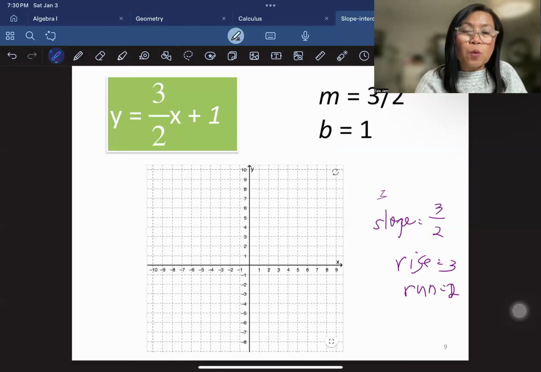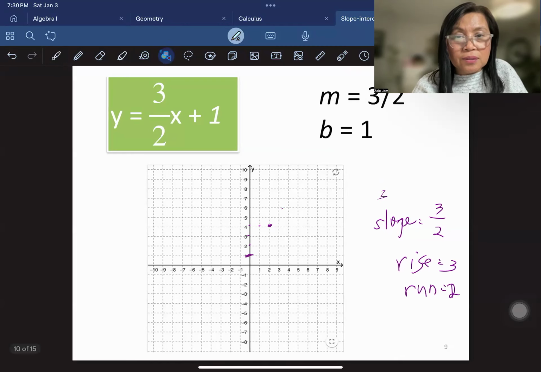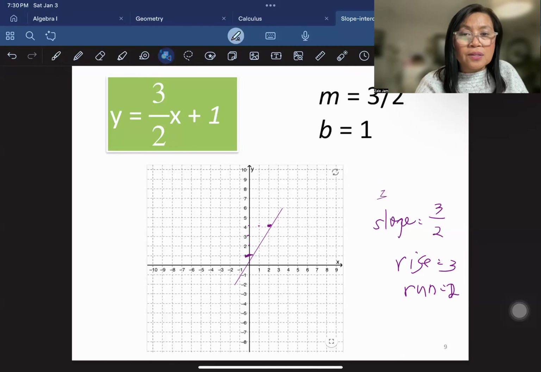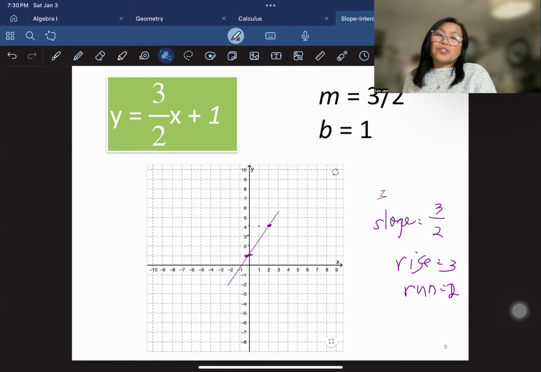So starting from the y-intercept, b equals 1, from here we go up 1, 2, 3, and then move 2 points to the right. 1, 2. So this point right here, we connect that. Okay, that's it, I think. Made it.